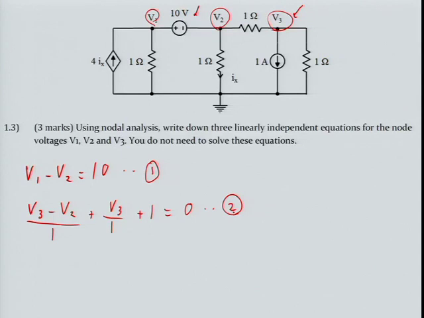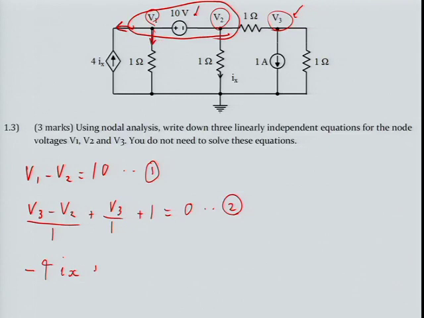What's the third? Where's the third one going to come from? Supernode. Exactly right. I include those 2 nodes now. I can't really do KCL at either one of them because of the voltage source. I don't know what the current is there. I don't want to introduce an unknown current variable I. So I just do Kirchhoff's current law at that supernode. That current there is minus 4 IX.